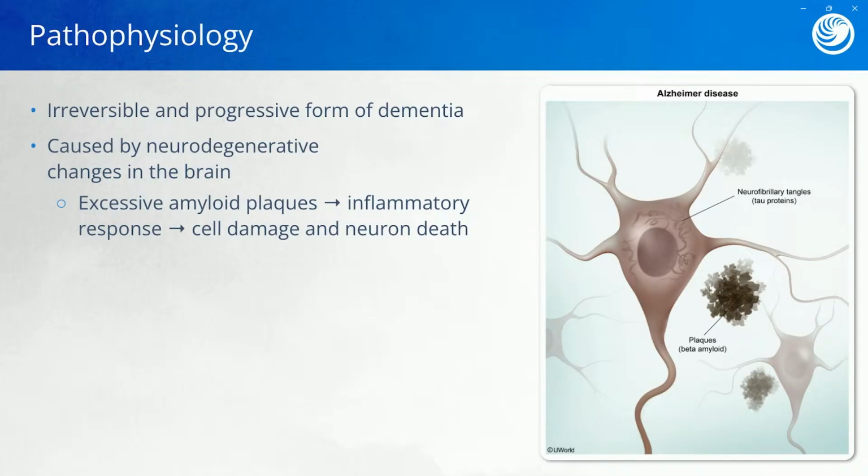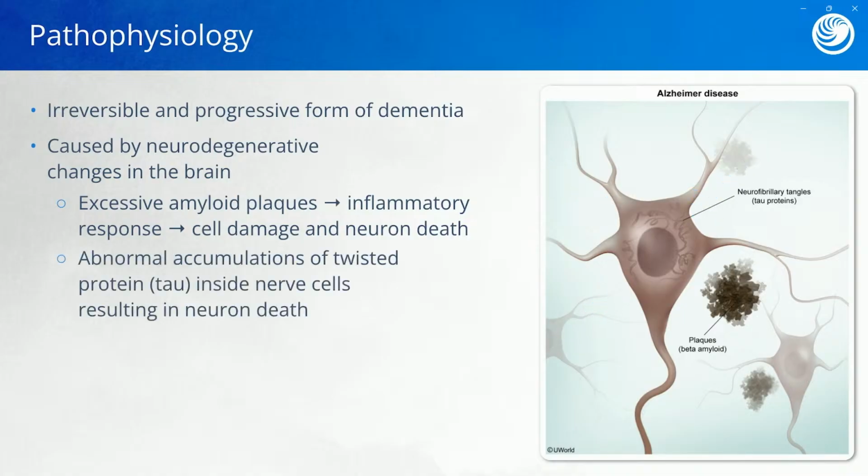The other type of protein that can lead to the development of Alzheimer's disease is the tau protein. Now, instead of depositing outside of the neuron cell like beta amyloid proteins, this protein will deposit inside the neuron itself. As these tau proteins accumulate within the neuron, it will disrupt normal neuronal function and also result in neuron death. It's important to remember that communication between the neurons is how the brain actually functions and works.